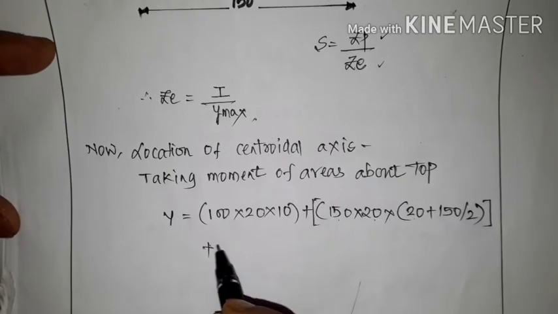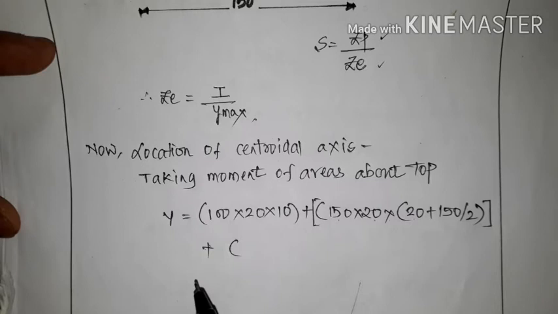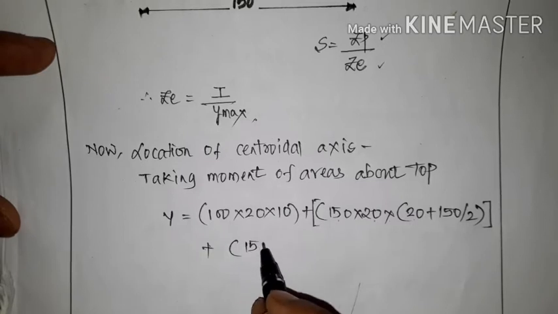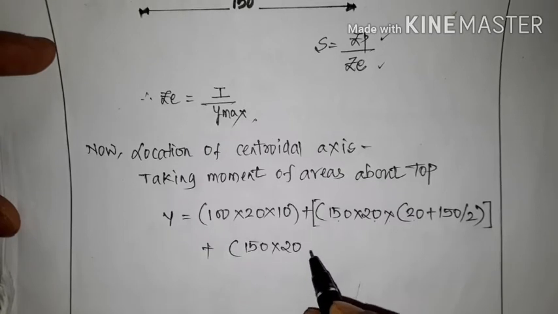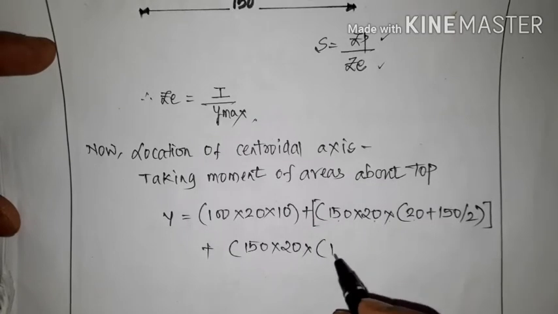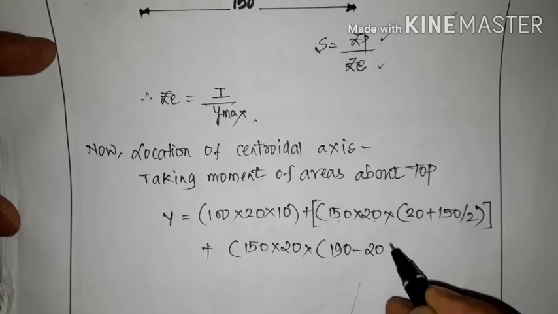Then plus, for the bottom flange the area is 150 by 20, into the centroidal distance, which is 190 minus 20 by 2.